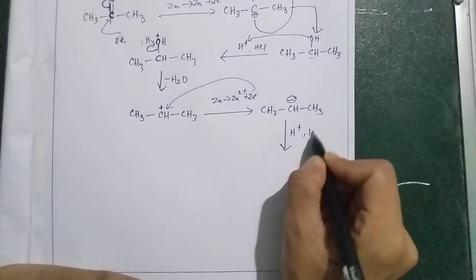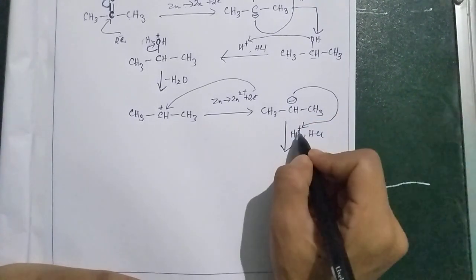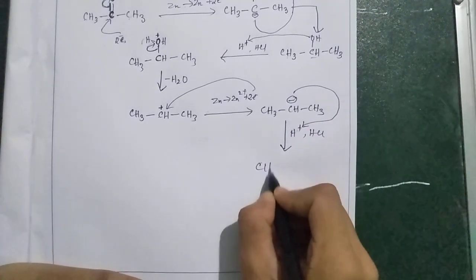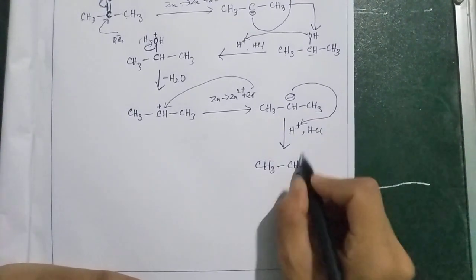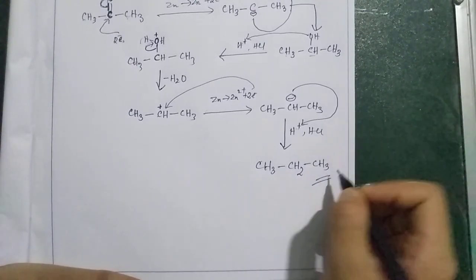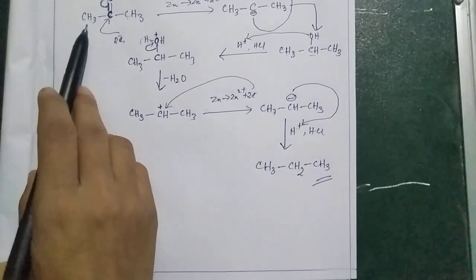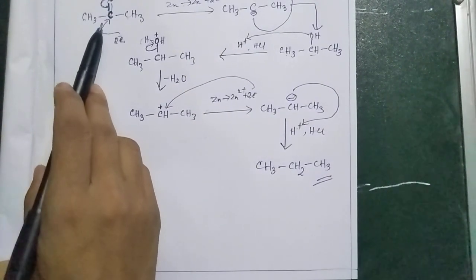From where? From HCl. This negative carbon will try to attack this proton, and now it will change into CH3, CH2, CH3, as an extra hydrogen proton came. Now it has changed into what? Propane.